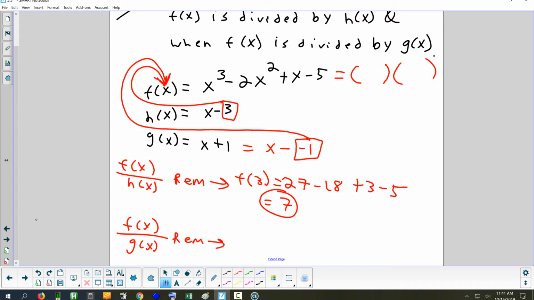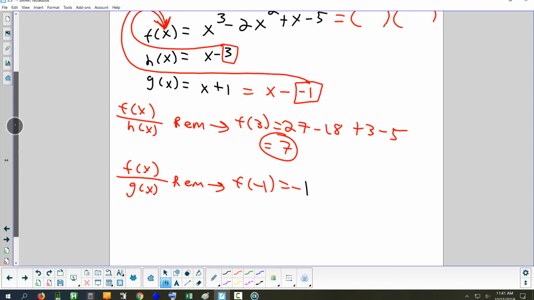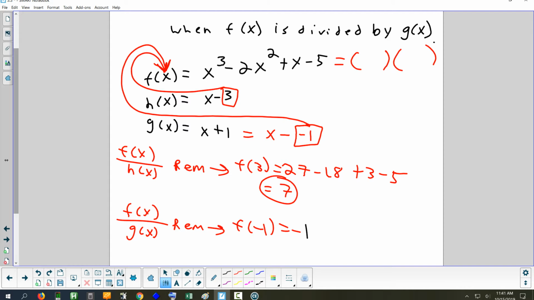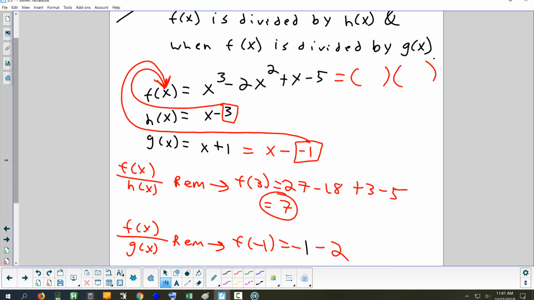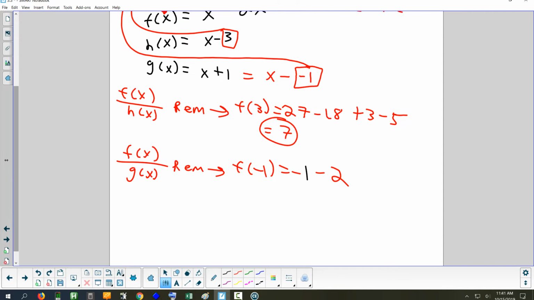Okay, what is -1 cubed? Yep. So we get -1. -1 squared times 2. So we're minusing 2. -1 minus 5. -1 minus 2, that's going to give me -3. -1 is -4.